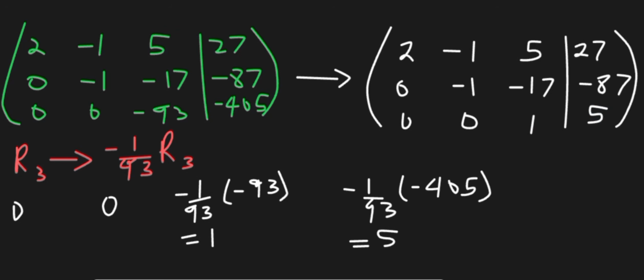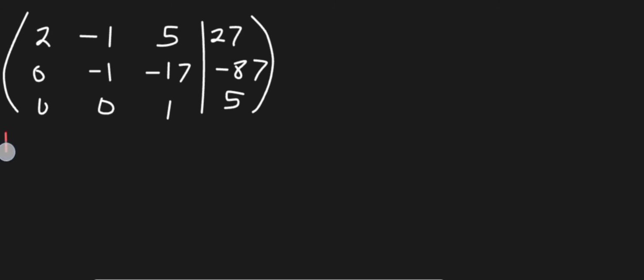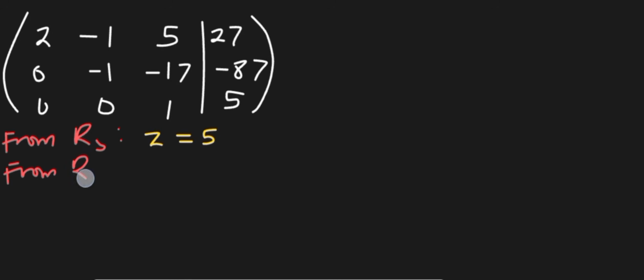Finally, we then carry out the back substitution to get the values of x, y, and z. So from row 3, obviously z is equal to 5. Now from row 2, negative y minus 17z is equal to negative 87.